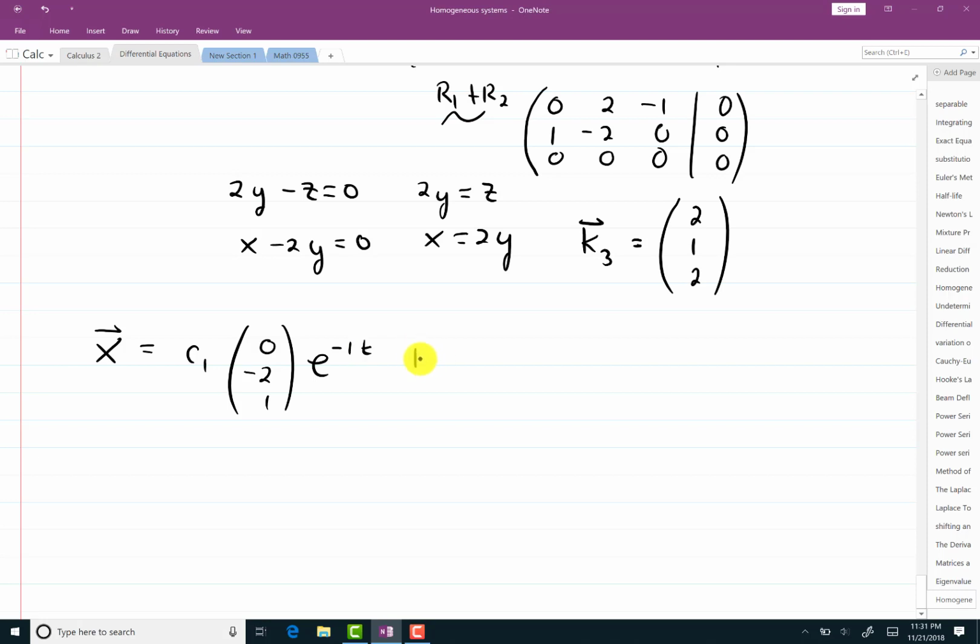Then I have plus C2, the other manufactured eigenvector, which was 1, negative 2, 0. And that was also attached to negative 1. Finally, this last one was attached to the eigenvalue 8. And so there is our solution.